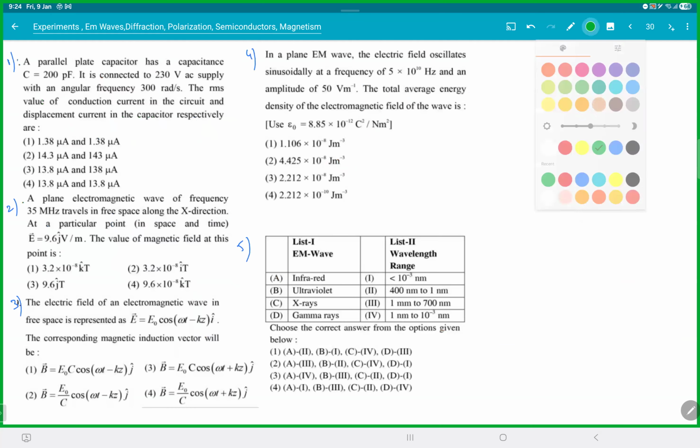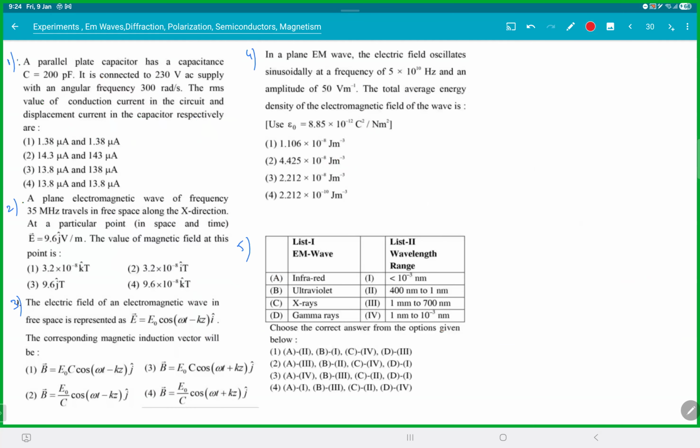Now if you look at the question there, first of all, they should be equal. So the first option and the fourth option are the only two there. Now you just need to figure it out. The current I will be CV naught omega cos omega t. He's asking for the RMS value, be careful.